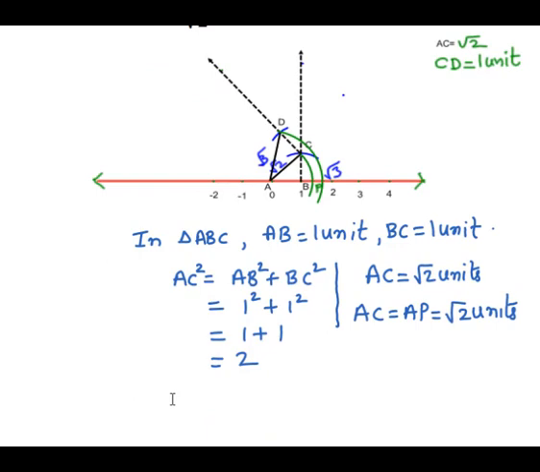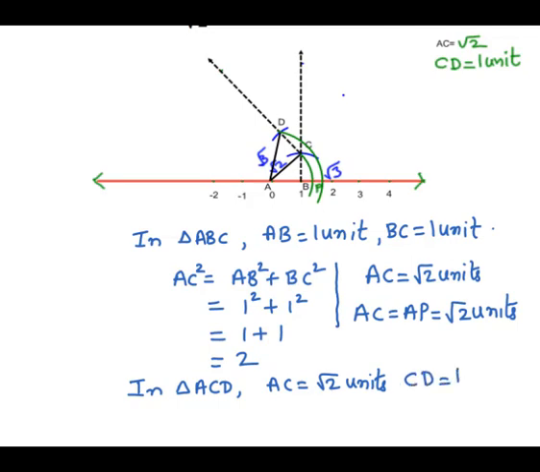Now, how can we give justification for root 3? Now it is another right angle triangle. In triangle ACD, AC equals root 2 units. Here ACD is a right angle triangle. Angle ACD equals 90 degrees, right? So the side opposite angle ACD is AD. AD is the hypotenuse. AC is the base.